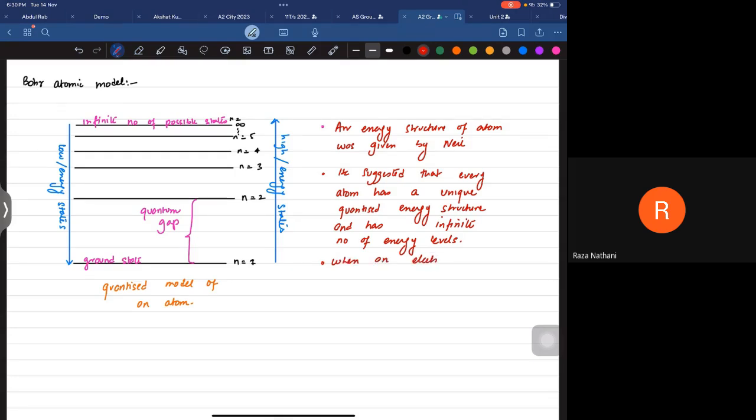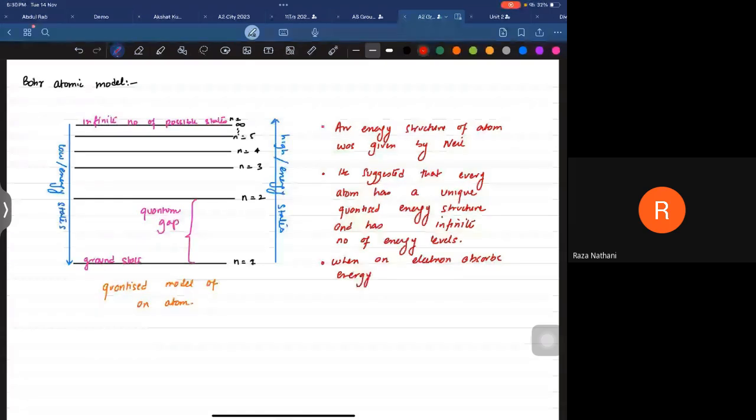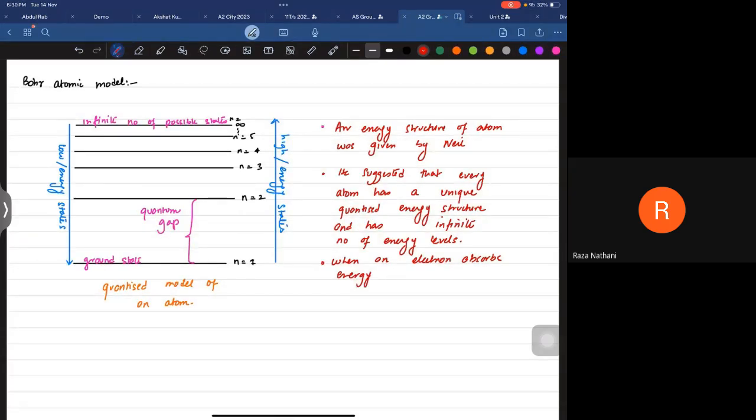Then it says when an electron absorbs energy corresponding to difference between two levels, it jumps to an excited state from ground state.